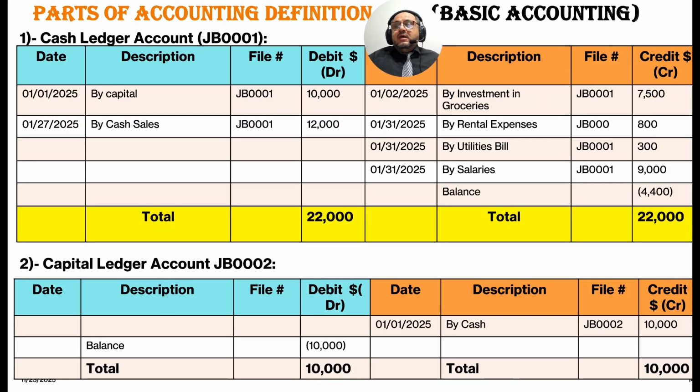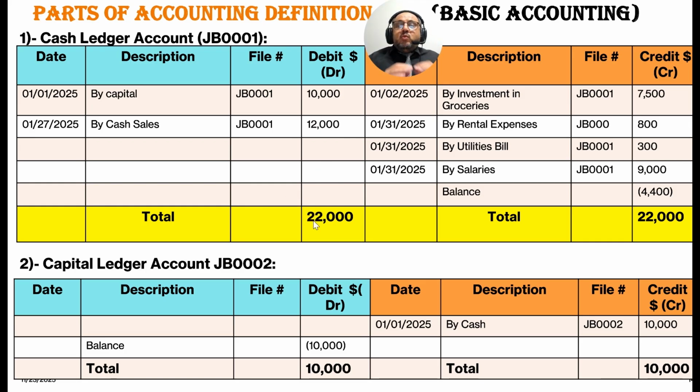On the basis of this ledger account, I transferred 10,000 plus 12,000, which is equal to 22,000. I did not transfer this. If I transfer this, it means my trial balance is incorrect. My financial report is not correct. It's worthless.